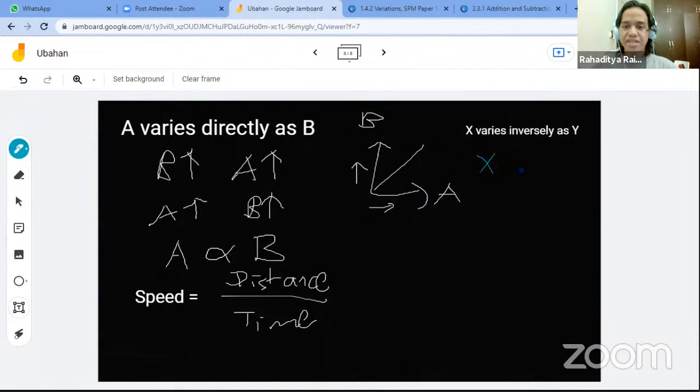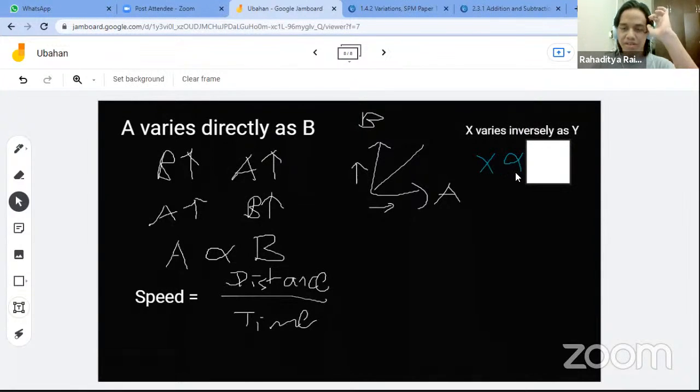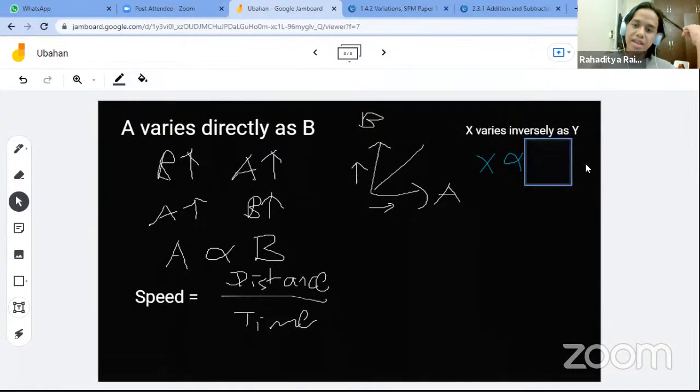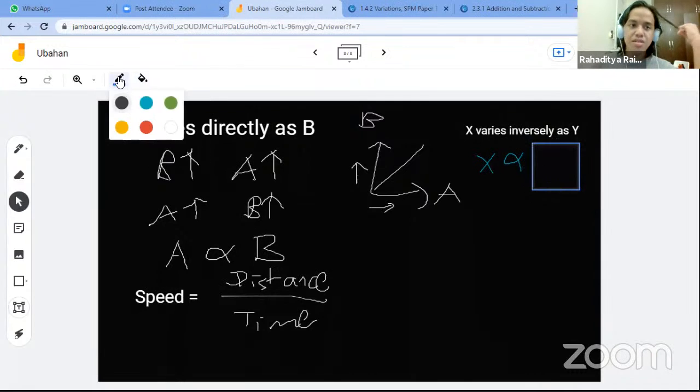Now I'd like to ask all of you, what would be inside this box over here? This symbol usually means directly proportional. So does anyone know what's supposed to be in this box?